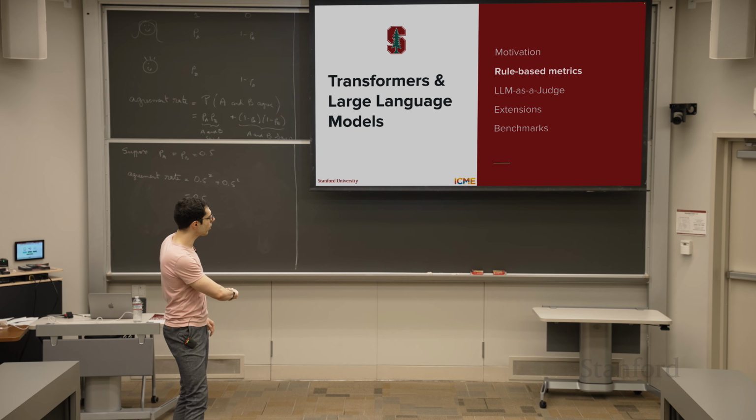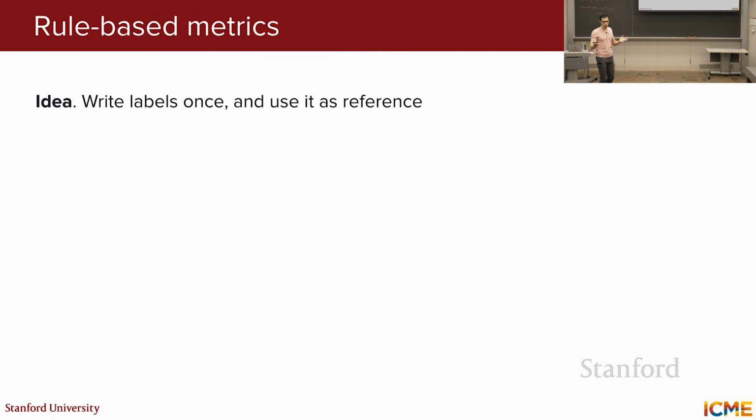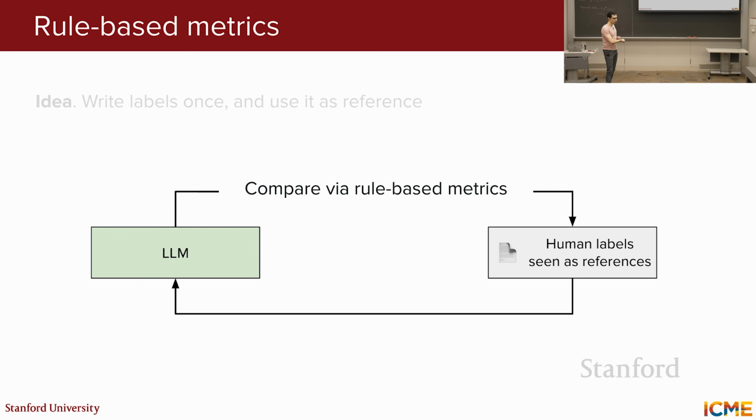So now let's move on to another way to go about doing this, which is by using some rule-based metrics. So here, I'm just going to revise the setting that I mentioned before. And instead of asking our humans to rate every LLM output, this time, I'm just going to ask them to write the references or the ideal output for a given set of prompts. Just fix that for good.